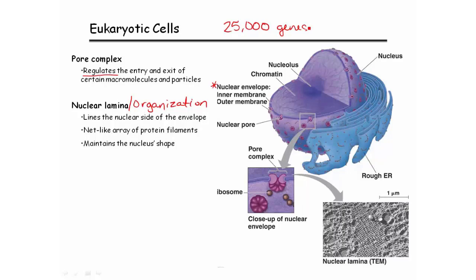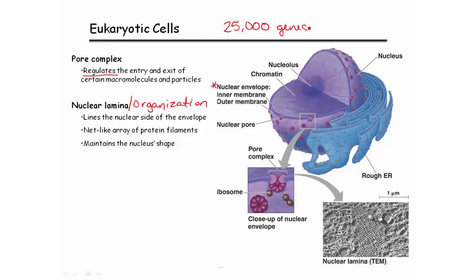Well, if you needed to find gene number 150, we would want to know where that's going to be located, because we can't spend time sifting through 25,000 to find just one. So the nuclear lamina is going to be one way that we really organize these genes, so that when we go in there to find a specific one, we can find it very quickly because we know exactly where it's going to be located.